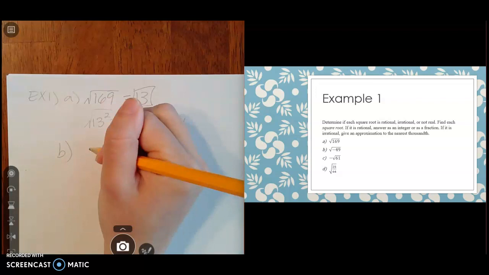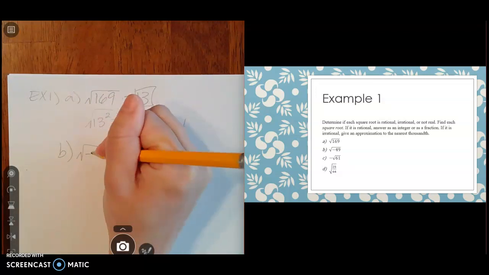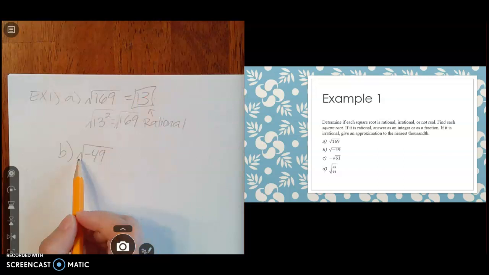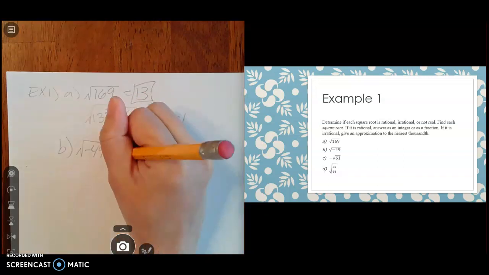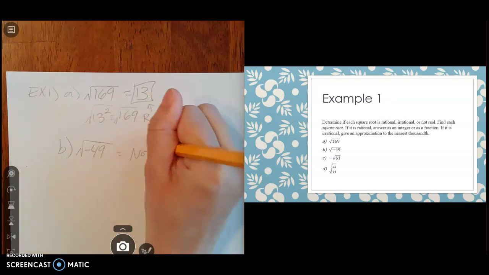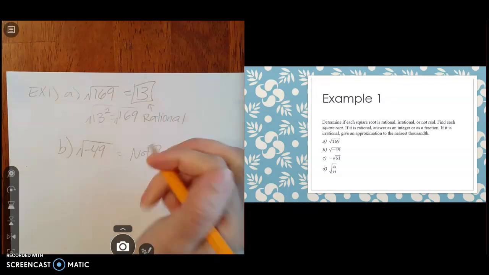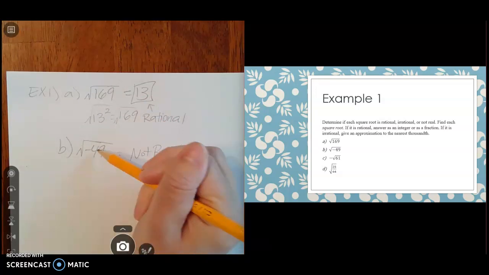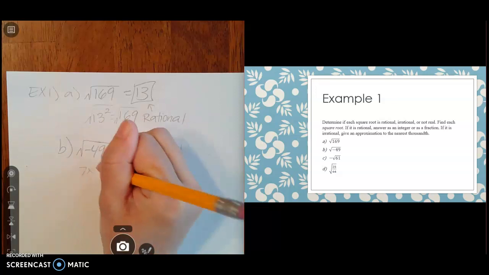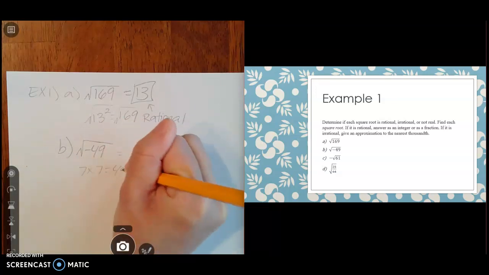All right, next one I have is the square root of negative 49. All right, when you have the negative inside of a square root, that's going to give you an imaginary or a not real number. So we're going to say it's not real. And in case you're wondering, well, 49, that's 7 squared. I hear you. So just reminding you guys, 7 times 7 is positive 49.